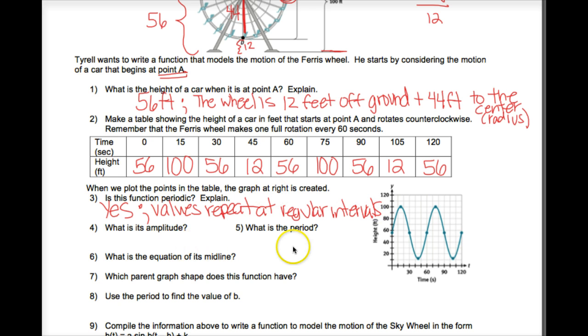What is the amplitude? So take a look at this graph, and remember that these values are at 56, these values down here are at 12, and these values here are at 100. So that may help you if you forgot where they were on the graph. So go ahead and fill out what your amplitude is.